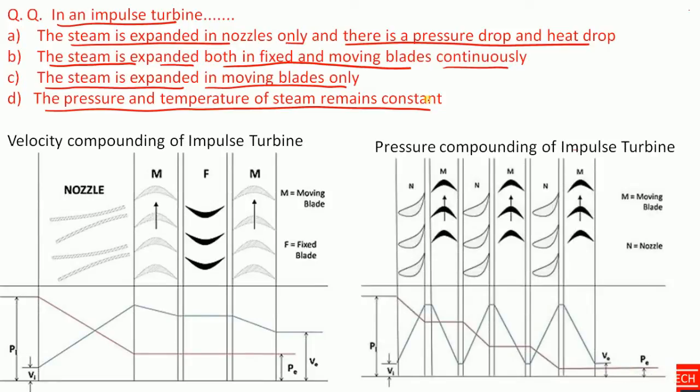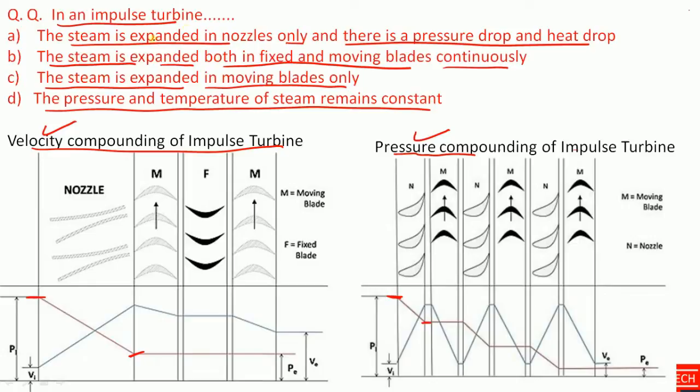So when we see the pressure and velocity compounding of an impulse turbine, we know that high pressure goes to low pressure in the velocity compounding as well as in pressure compounding; the high pressure is converted into low pressure in the pressure compounding also.